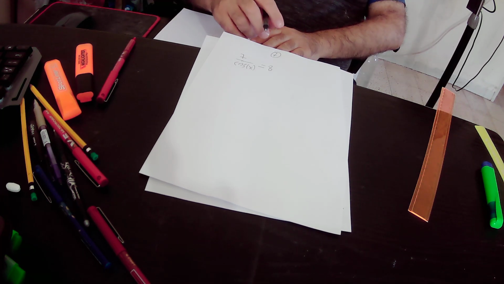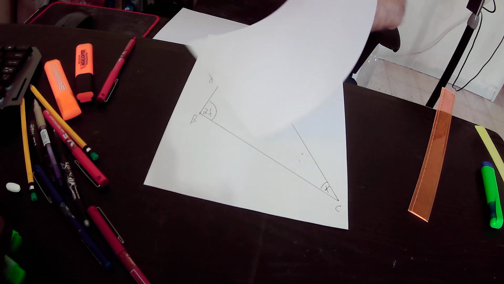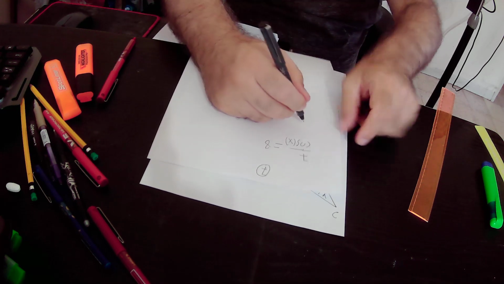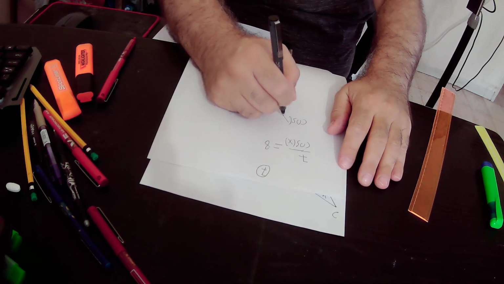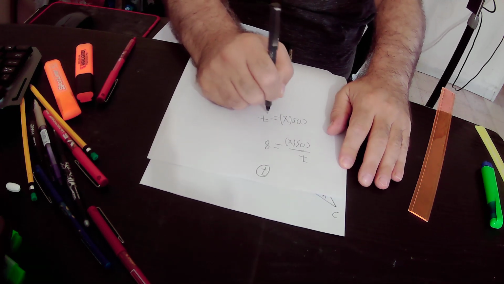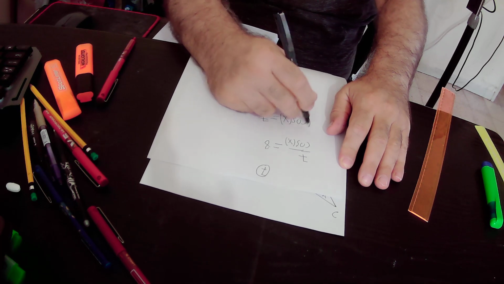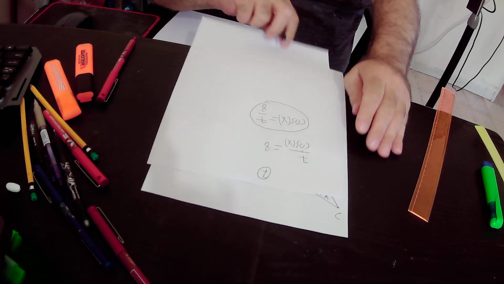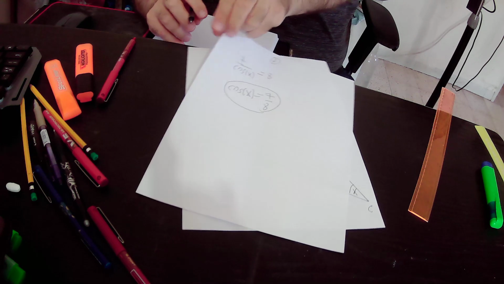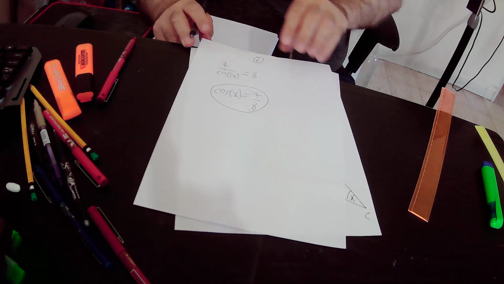Here we will multiply this equality by cosine x, and then we will divide it by 8, and we'll get that cosine x equals 7 over 8. Okay, so we got that cosine x equals 7 over 8.